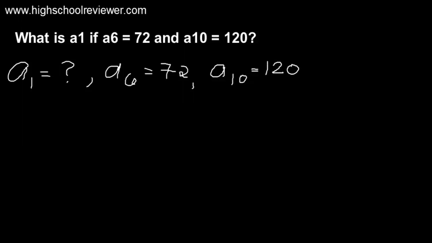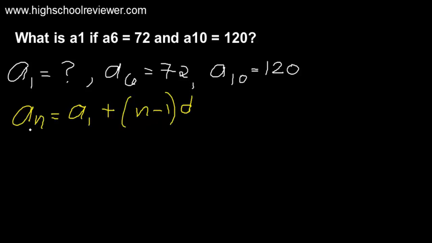So the formula for finding the missing terms of an arithmetic sequence is A sub n equals A sub 1 plus n minus 1 multiplied by D. So D here is the common difference.